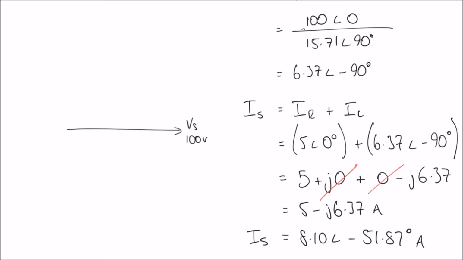Anything at an angle of 0 is going to be in a horizontal direction in line with the reference phasor. So I can draw on my current IR in the same direction as the reference phasor, like so. Here I've got IR, and that is 5 amps.